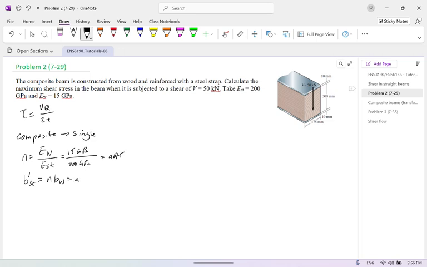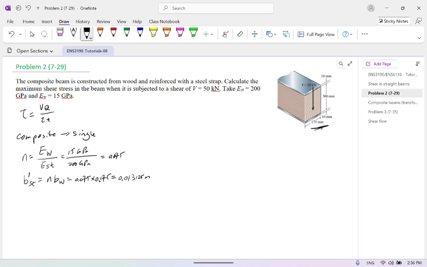N is 0.075, and the wood width is 175 millimeter, but we should convert everything into meters, so 0.175. Using a calculator, it is 0.013125 meter.